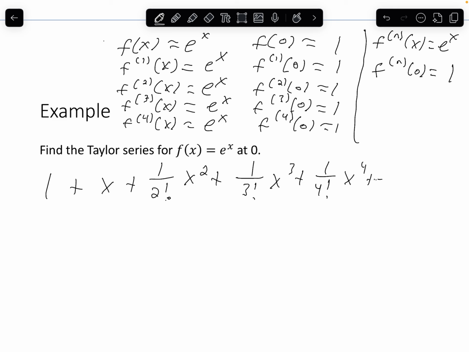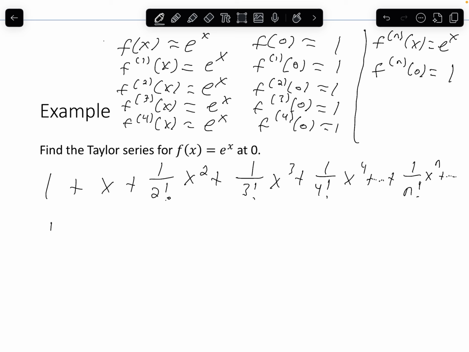This keeps on going until we get to 1 over n factorial times x to the nth, and it keeps going after that.